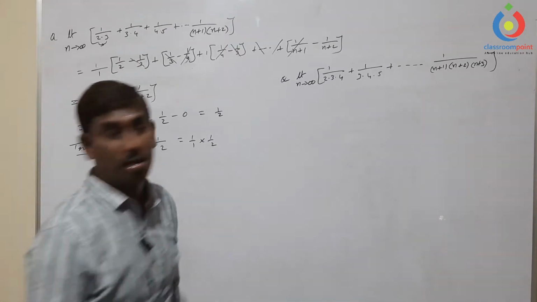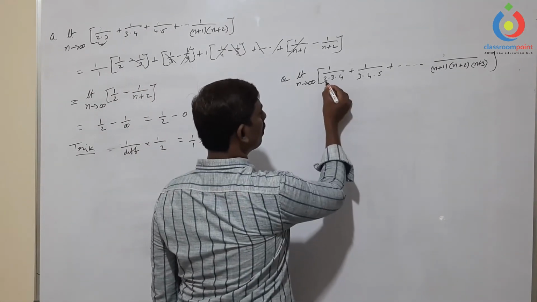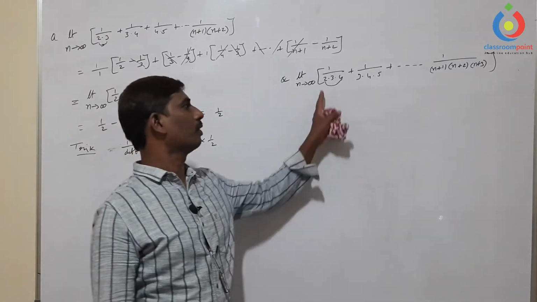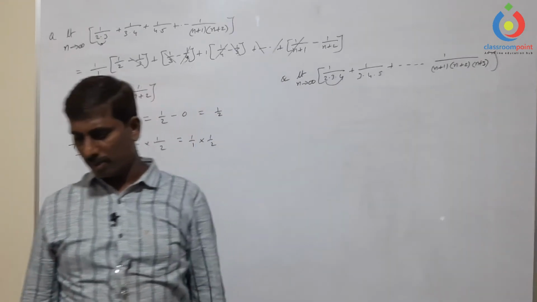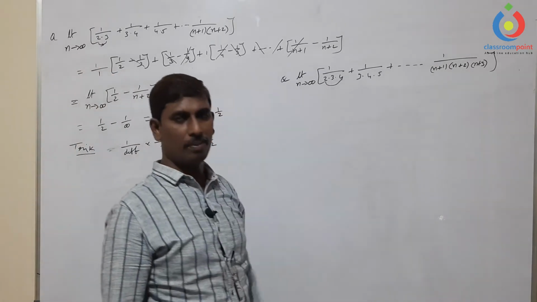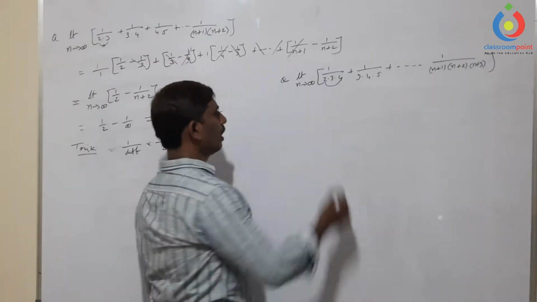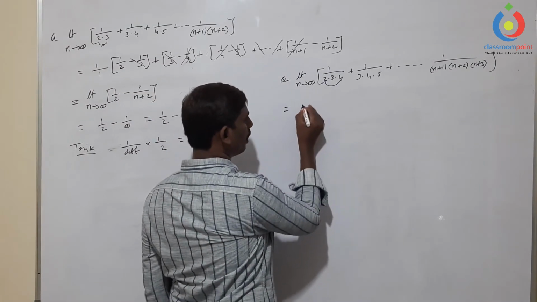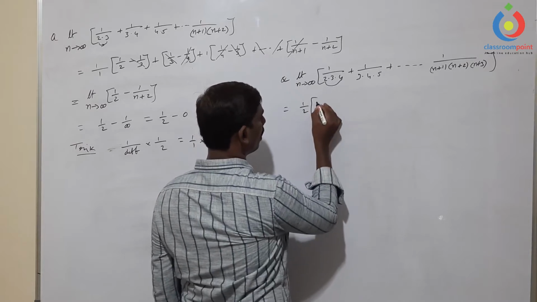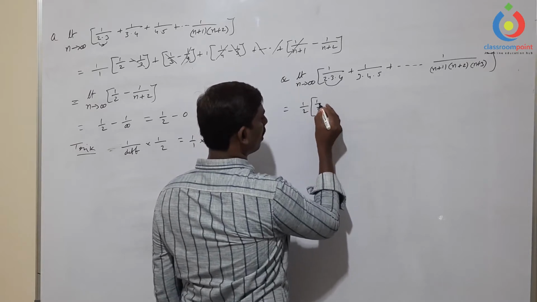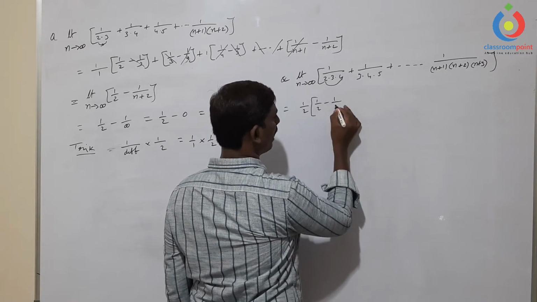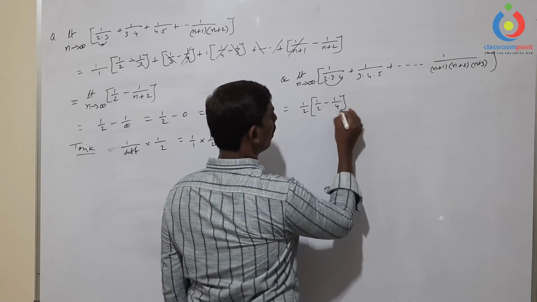See, the difference of these both. Now here, the difference of 2 and 4, that means first and last. Now, how to simplify? Same: difference of those both, 1 by 2, into maximum minus minimum.